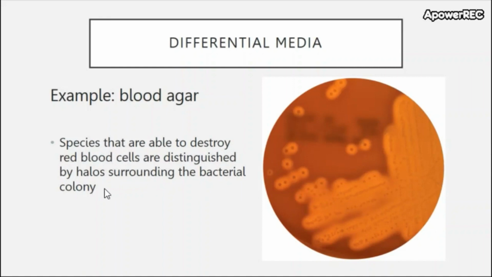The color goes from this rich red color to a clear, we call it a halo, a light yellowish orange color. An organism that's not able to do this process would be identified as not being able to do hemolysis, or the degradation of the red blood cells. And so that's an example of a differential media.